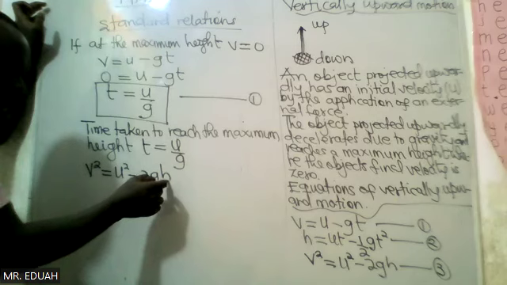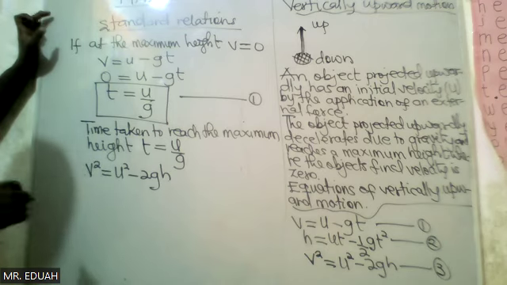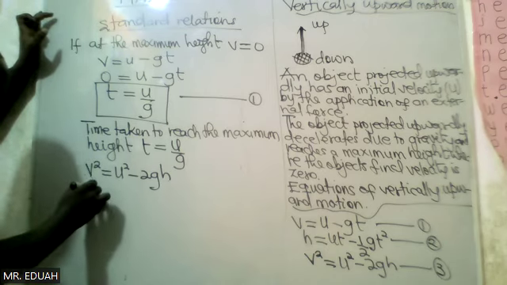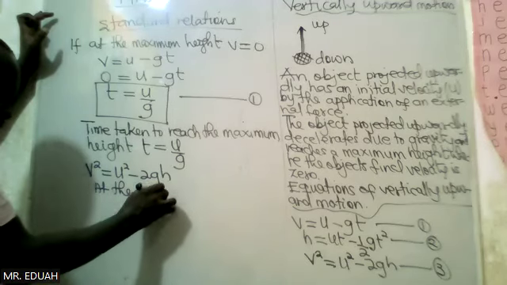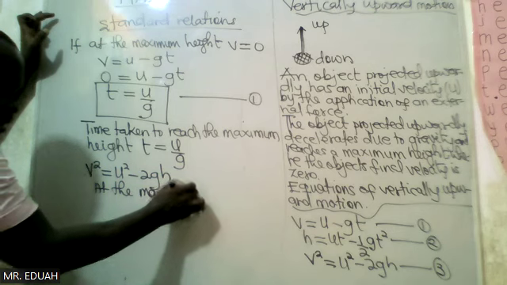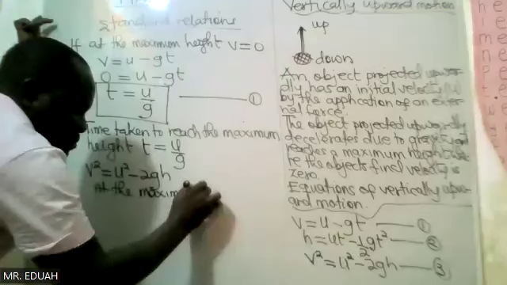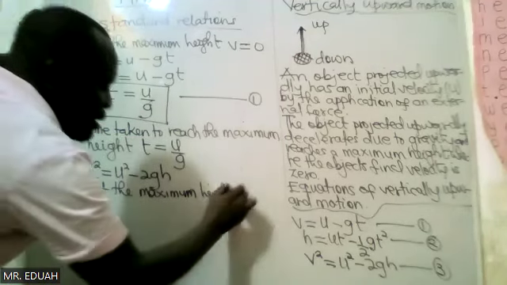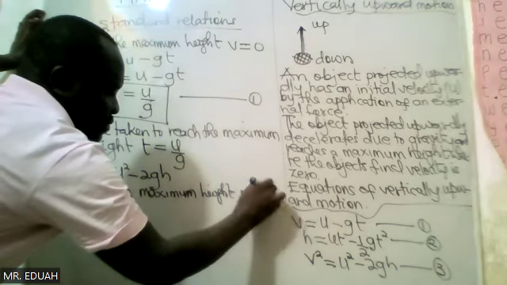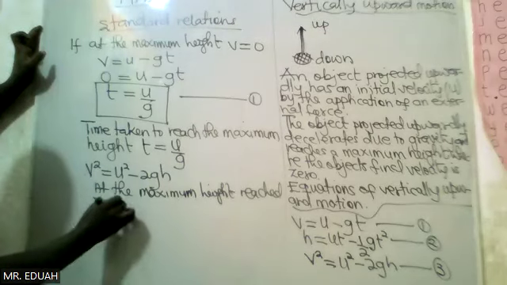If v is equal to 0, then the body has gotten to the maximum height. When I make h the subject, I have the formula for the maximum height reached. The key point is that final velocity must be 0.